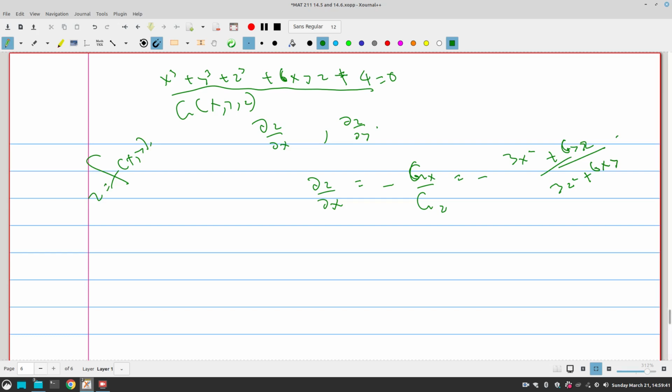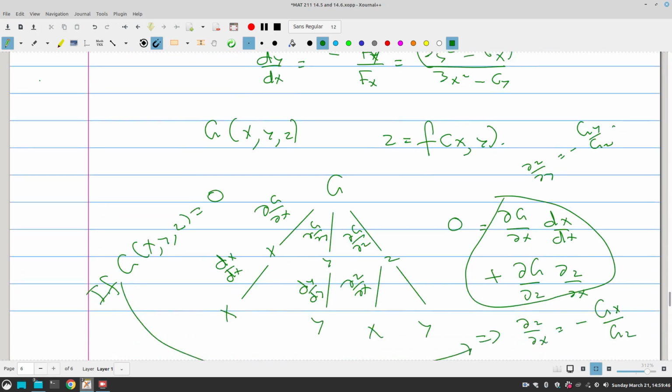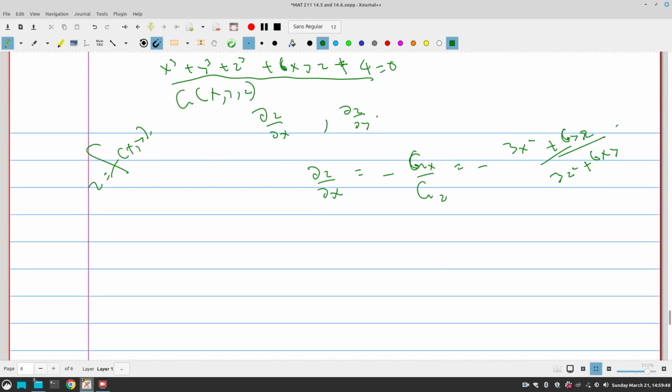This is how you would do implicit differentiation. And similarly, you can also find partial z over partial y, which equals negative g_y over g_z, since z is of course an implicit function of x and y.